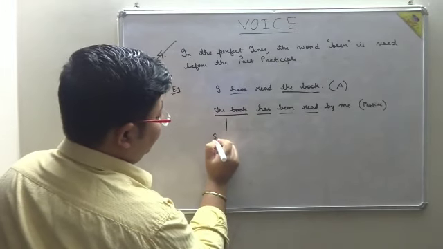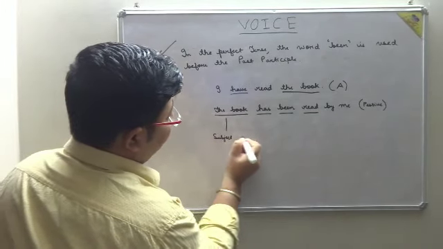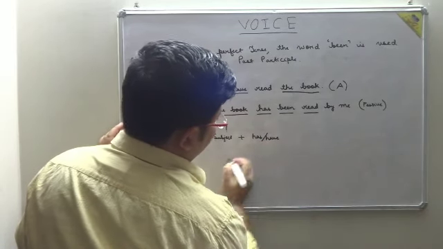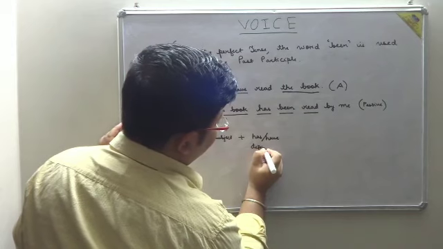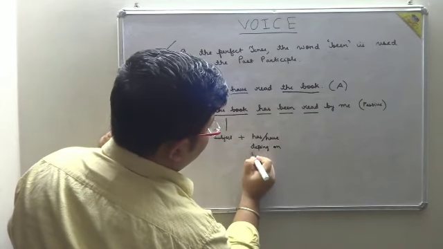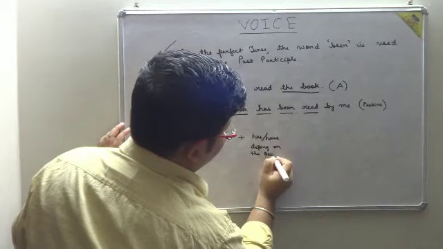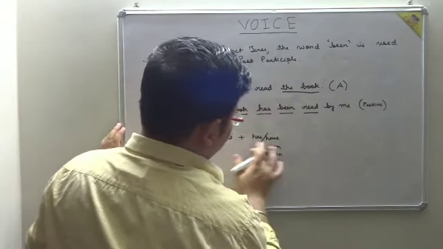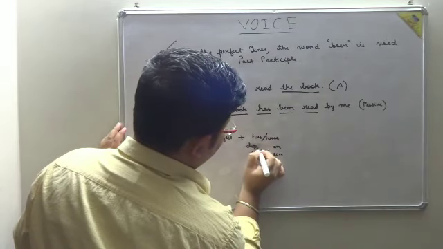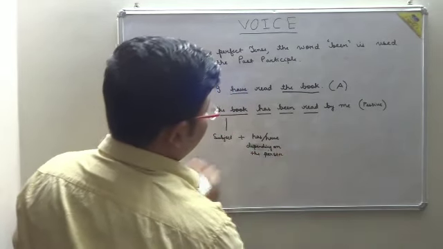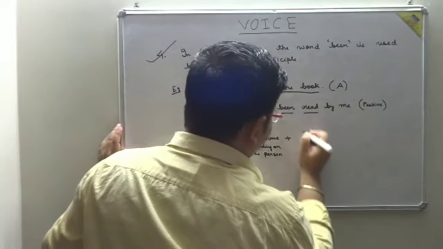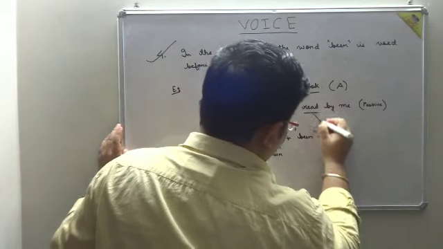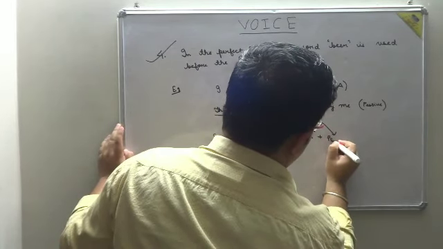This is the formation. Subject plus has or have, depending on the person, plus the word been will come before the past participle form.